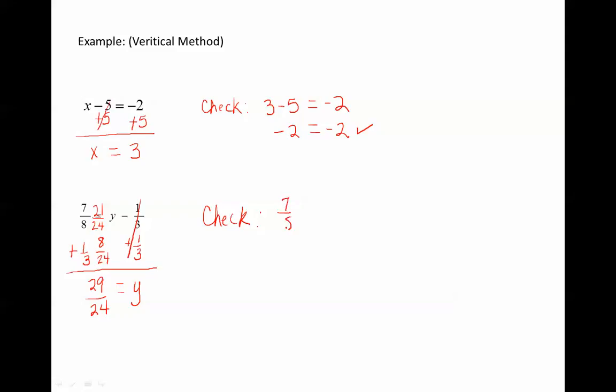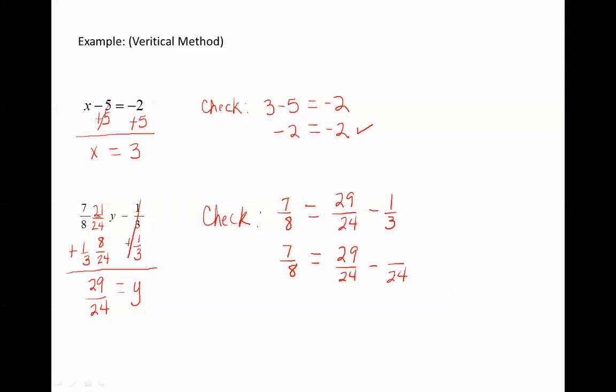So 7 over 8 equals 29 over 24 minus 1/3. Bring down your 7/8. Work out the other side. You have to have a common denominator to subtract. Common denominator is 24. So the 29 over 24, the 29 is going to stay on the top.